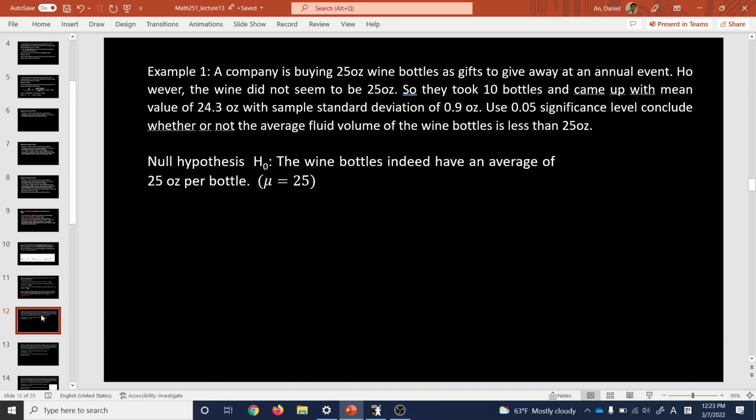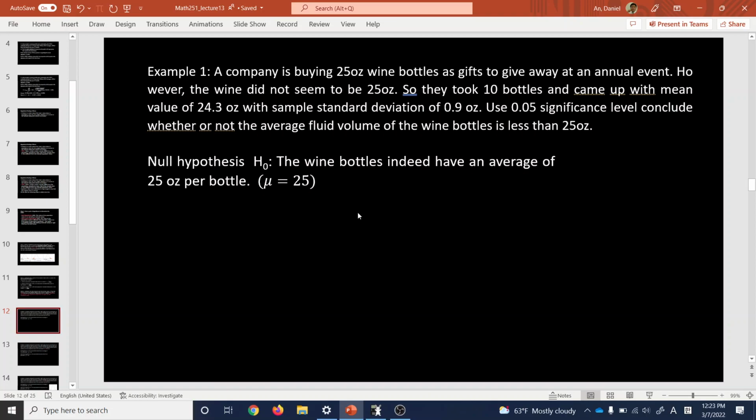than 25 ounce. Right. So here you're worried that you're getting wine bottles that don't have the claimed amount of wine, and you're losing money, so you don't like that. So think about the null hypothesis first.